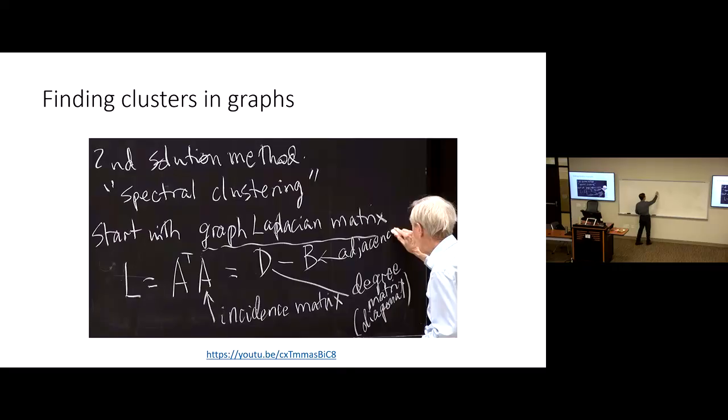So if you have data points, we are going to compute the pairwise distance. So you have d, i, j, okay?